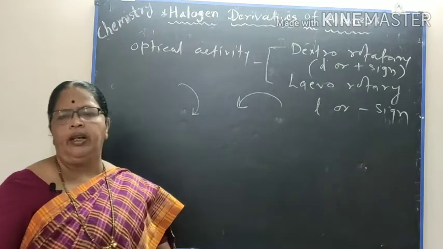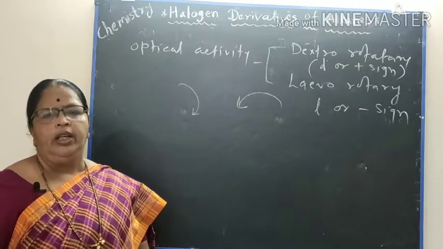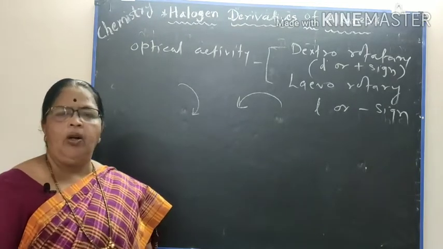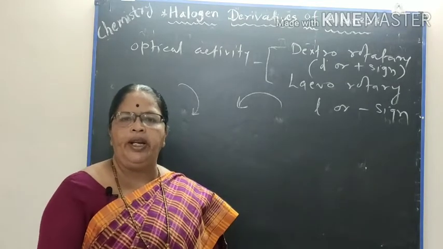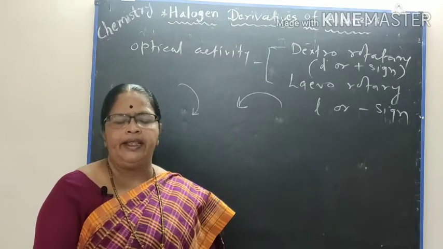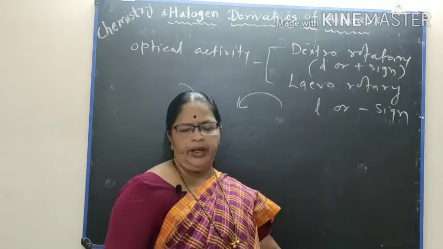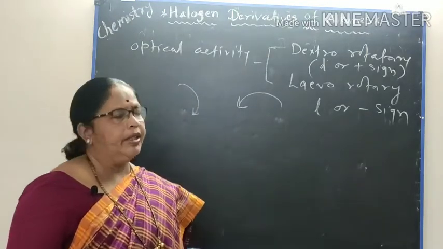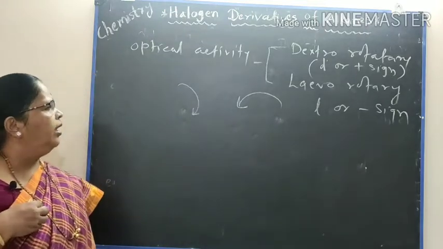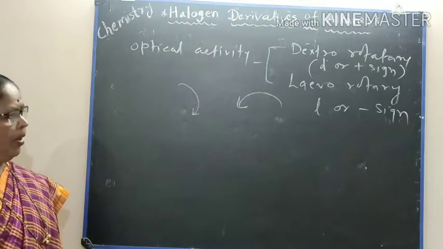Levorotatory compounds are those in which plane polarized light rotates towards the left hand side, denoted by the small l or negative sign.